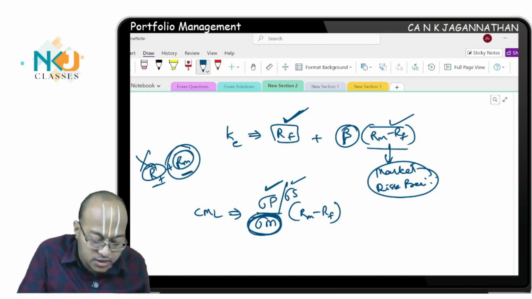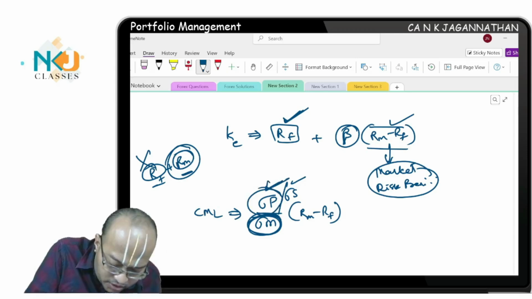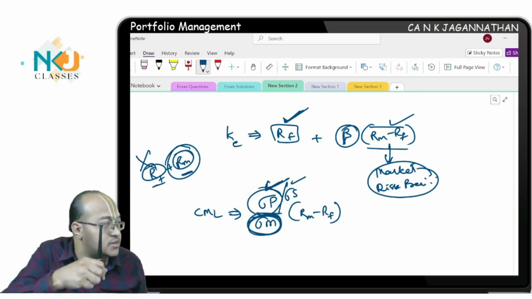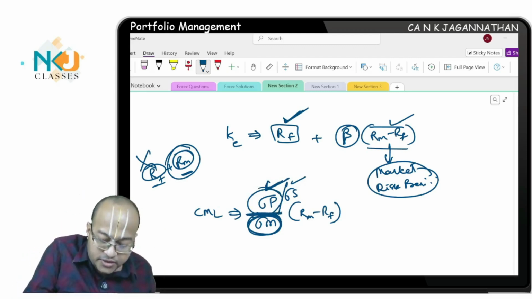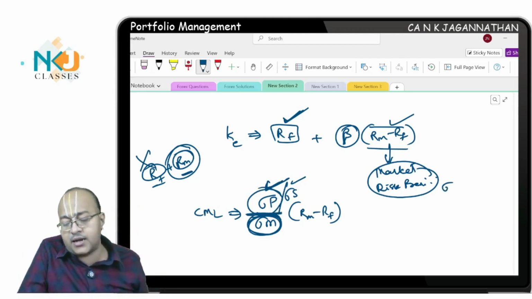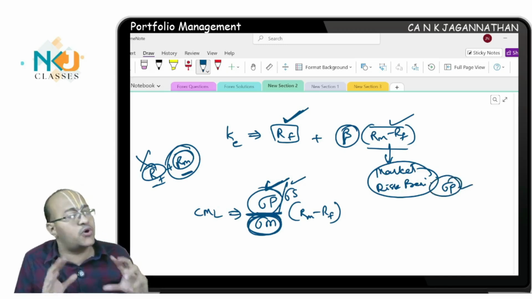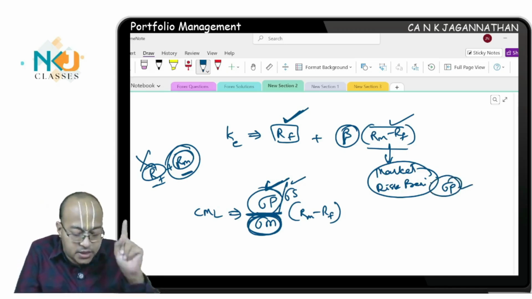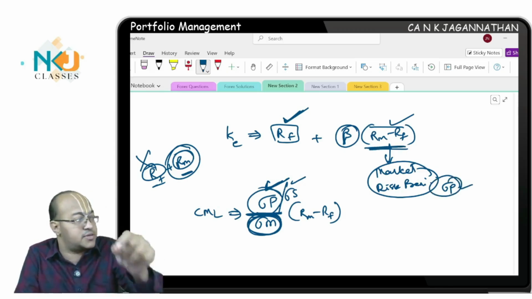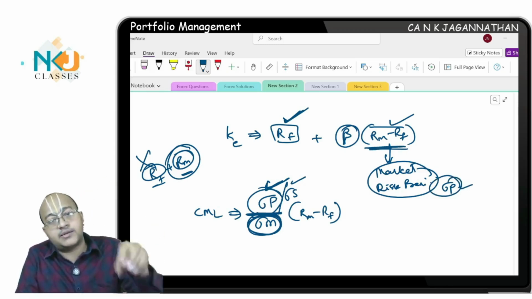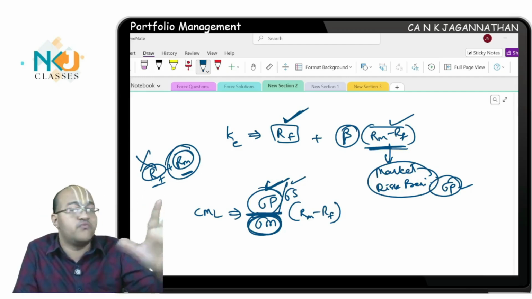The point I am making is that for the entire portfolio risk, you will ask a premium. The only difference is that the numerator you had was sigma P, a portfolio risk. For the entire portfolio risk, you considered RM minus RF. Are you listening? The market risk premium, you were asking for the entire portfolio, which is not correct.